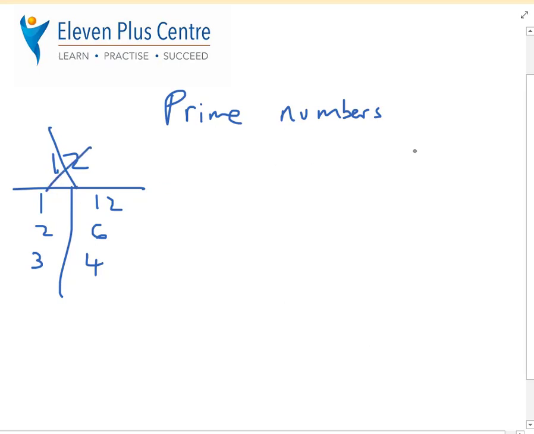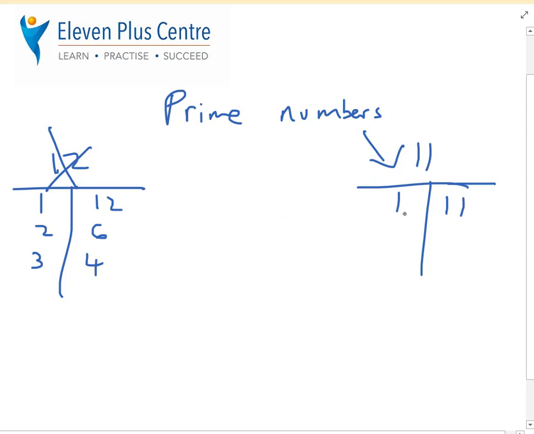However, let's take a look at number 11, for example. Let's find all the factors of 11. 1 and 11. 2, 3, 4, 5, no, there are no other numbers which are factors of 11. And this is why 11 is a prime number. So let me say that again. A prime number is a number that only has 2 factors.